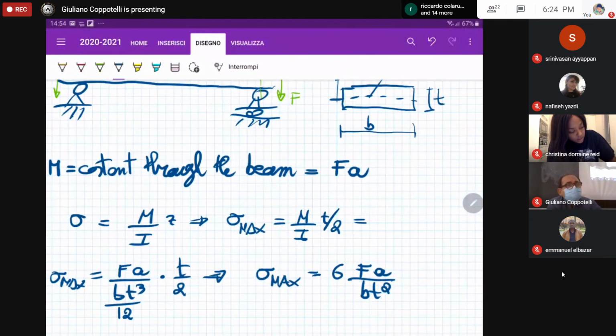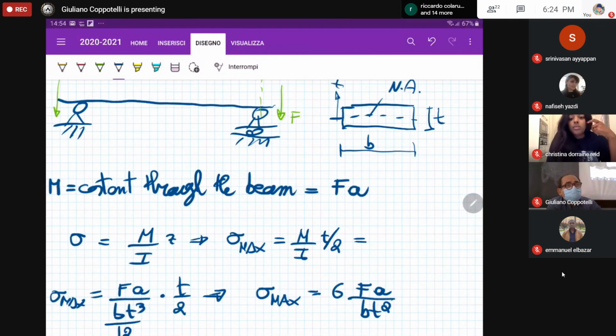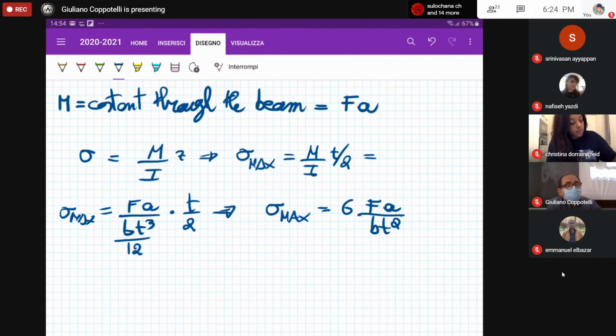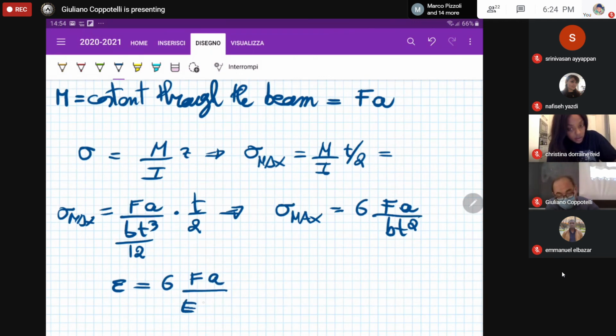How about the strain now? Once we got the stress, and once we are assuming that it is a 1D strain distribution, this strain is just that one divided by the Young modulus. So it is equal to 6FA over Young modulus, times bt squared.